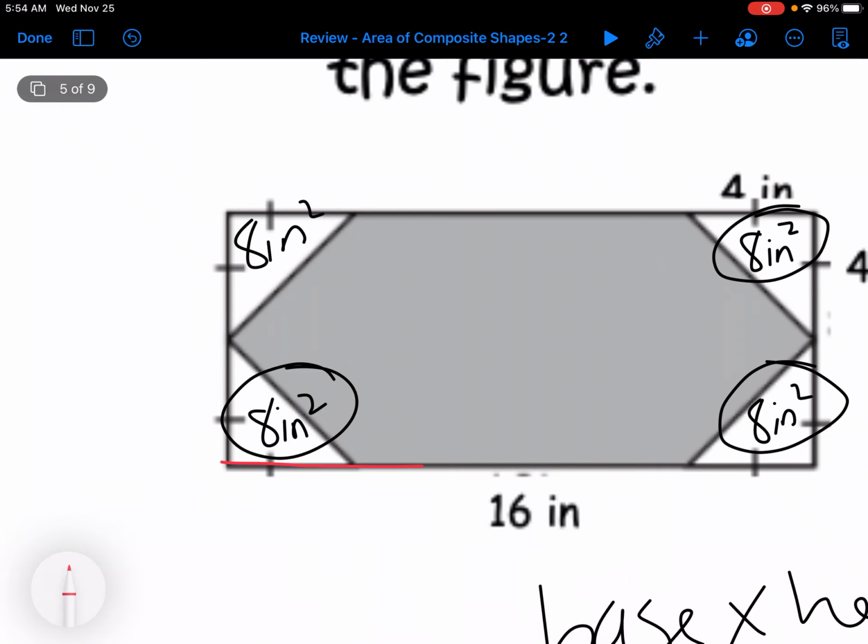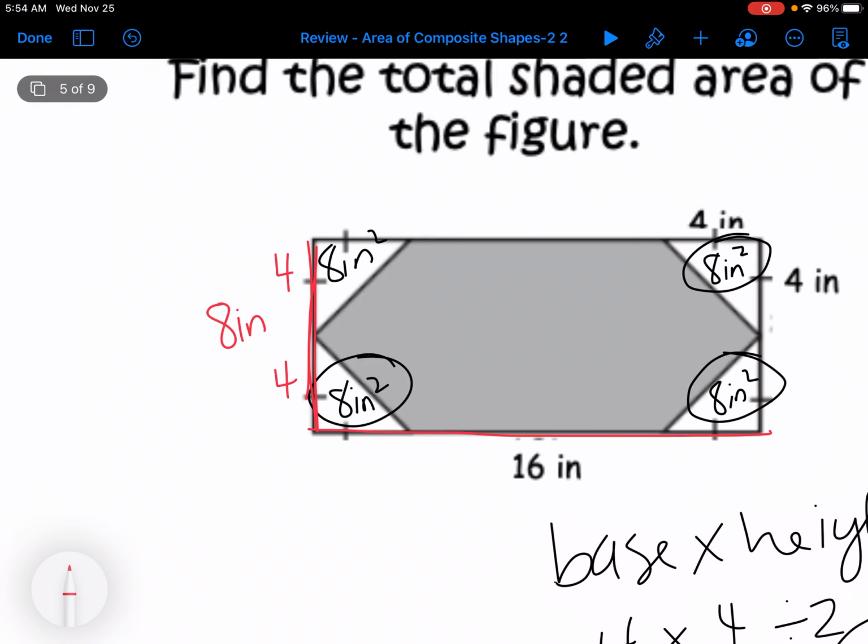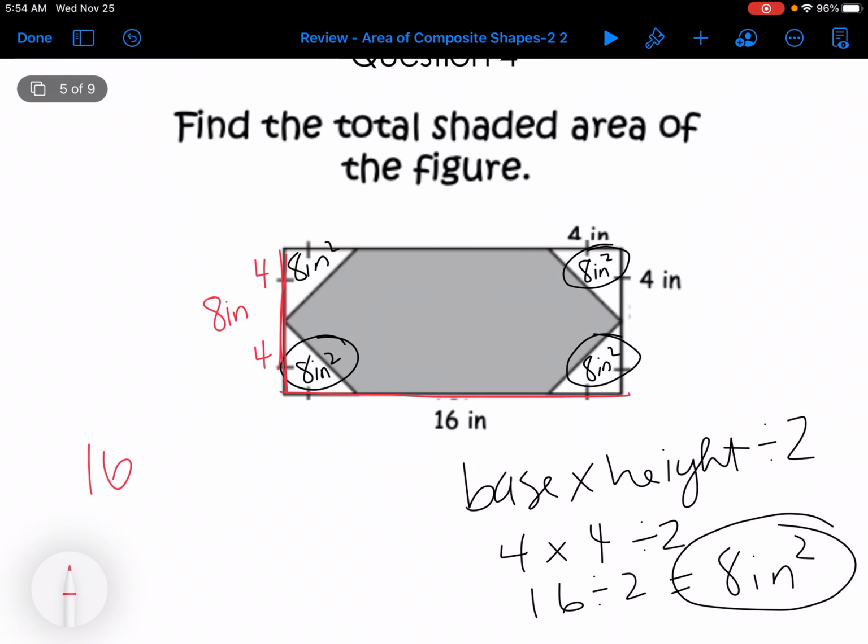So I know that the width is 16, so if this is 4 and this is 4, that makes the length 8. So I'm going to do 16 times 8 in my calculator, and I get 128 inches squared.